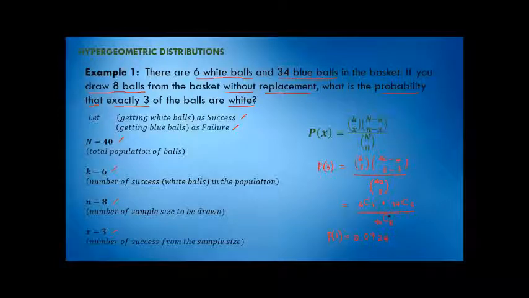So, direct calculations tayo sa calculator. Ang sagot dyan would be 0.0724. So, this is the probability of getting exactly 3 white balls pagkuha mo ng 8 samples sa basket.